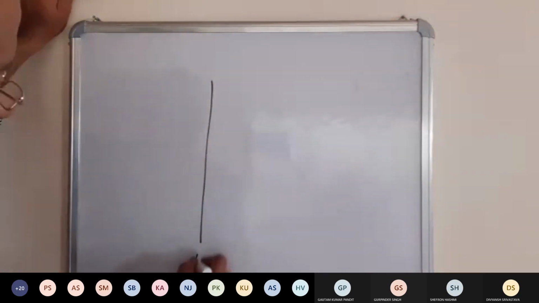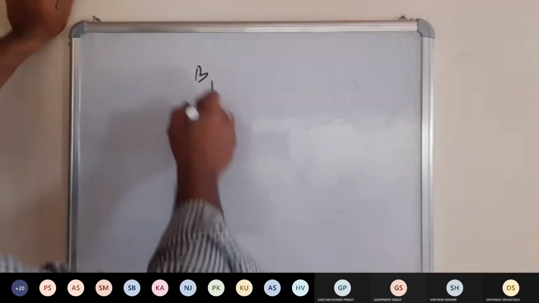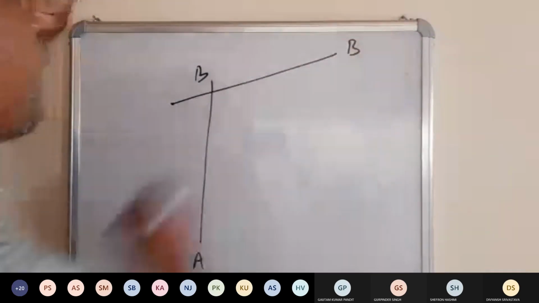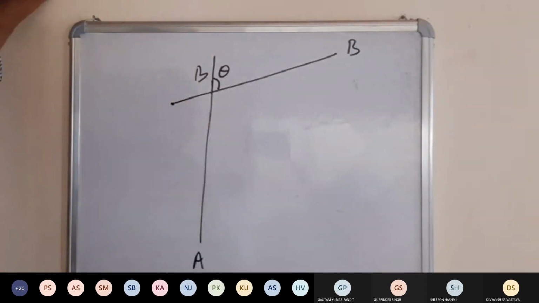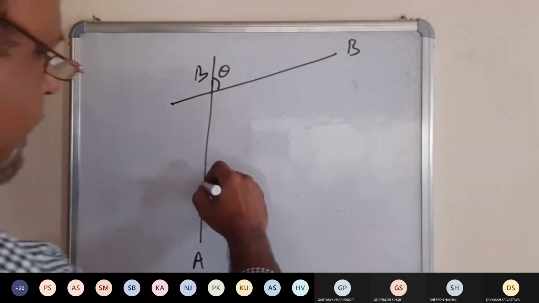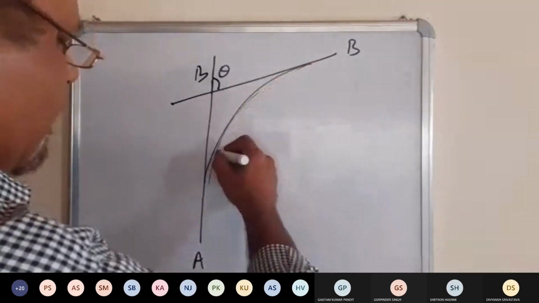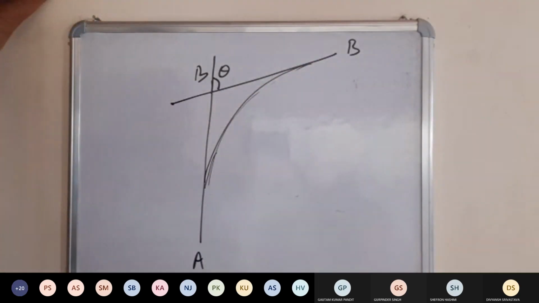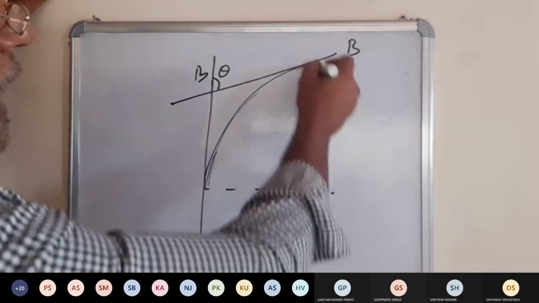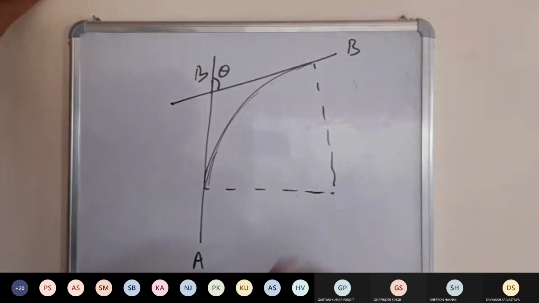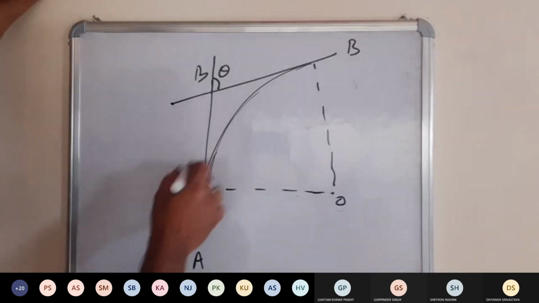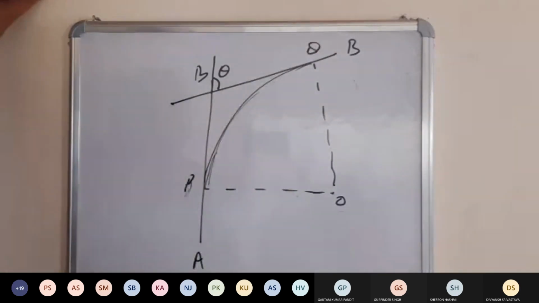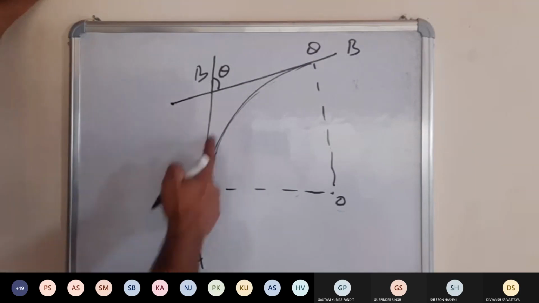We have the initial course AB, the final course BC, and the angle of alteration, which is theta. We have made a plan for turning with the radius of R. This point being O, it is cutting at P and Q. The vessel will come from here and then begin to turn.